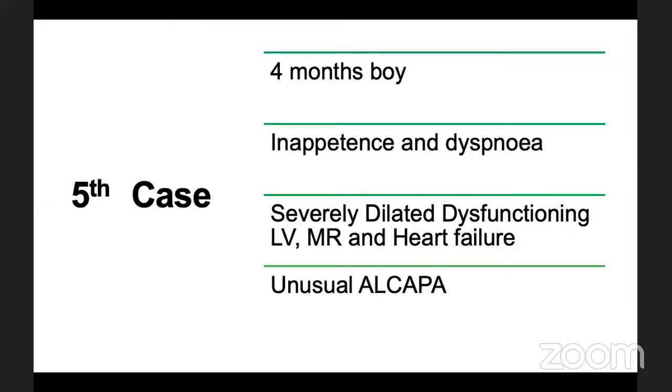Another case is a very interesting case of a 4-month-old boy presenting with all the principal signs of heart failure related to anomalous origin of the left coronary artery from the pulmonary artery. And those are the images.